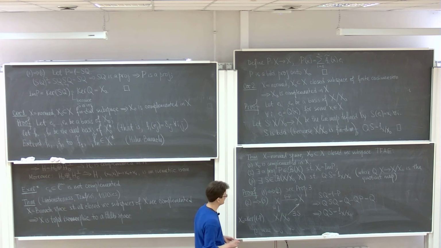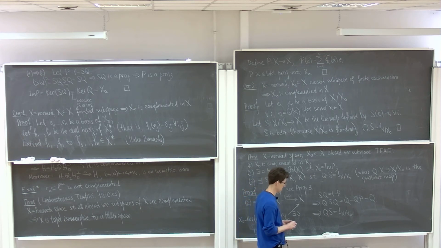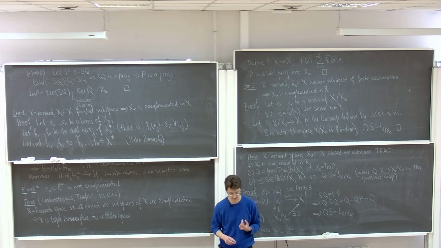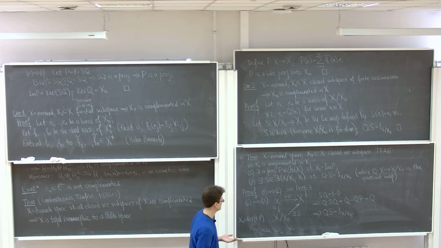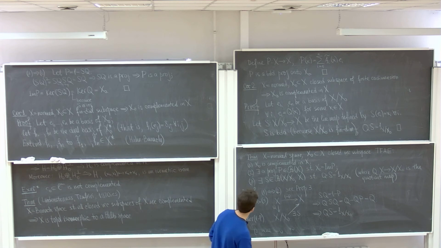Of course, even if we want to prove that a codimension 1 subspace is complemented, we need some argument to show that this is true. Of course, this is true, but I don't think that this is easier than to prove that a finite codimensional subspace is complemented. It is the intersection of finitely many hyperplanes.